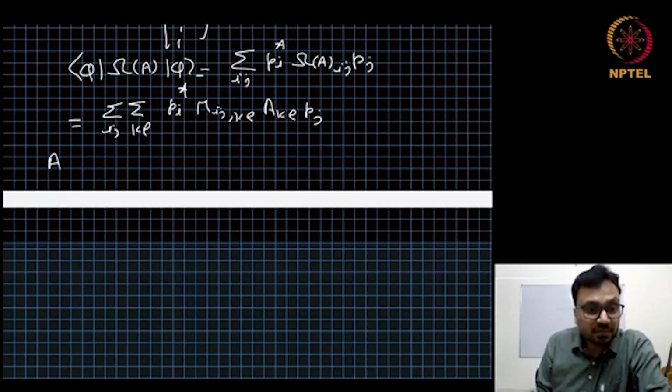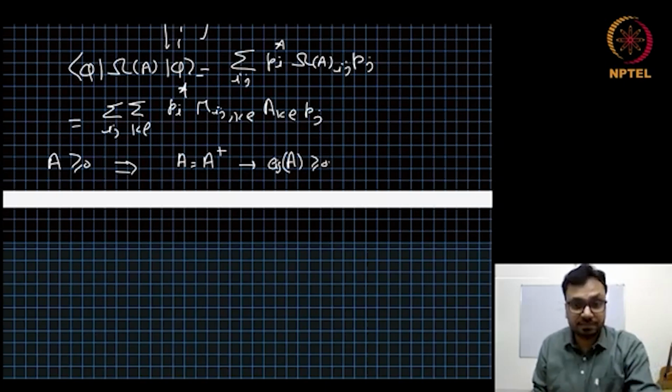Now we see that A is a positive operator, and we have already seen in the linear operator lecture that this implies that A is Hermitian and the eigenvalues of A are positive semi-definite.